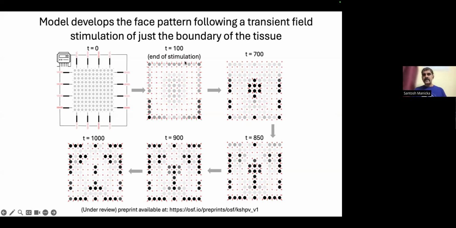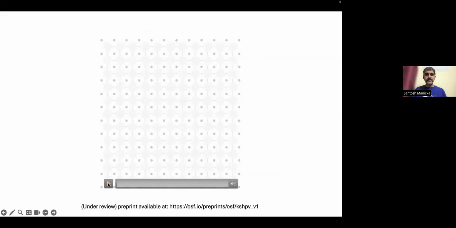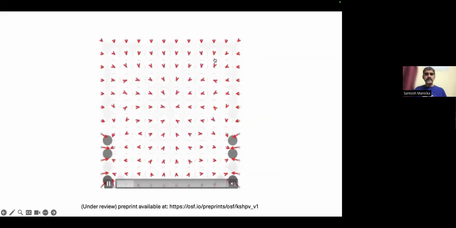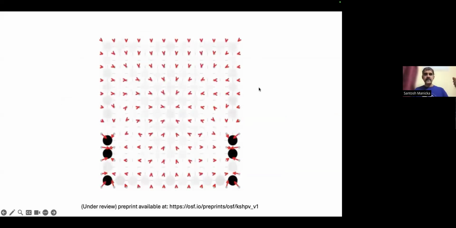And so that left the model in a kind of vague state. But what happened was, when we let it go, it just sculpted itself into this face-like pattern, right? And that's just through interactions between the electric field and the voltages of the cells. So I will show that in action over here. This is the stimulation, and we let it go.